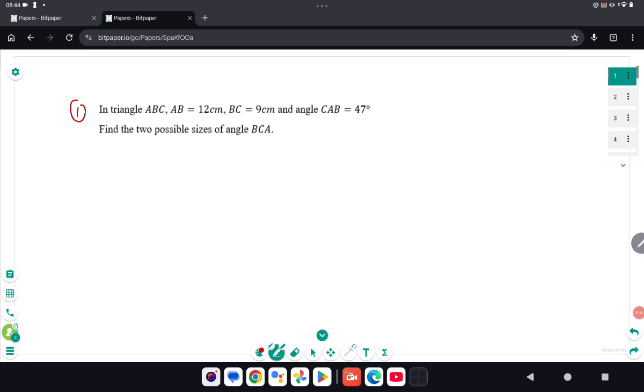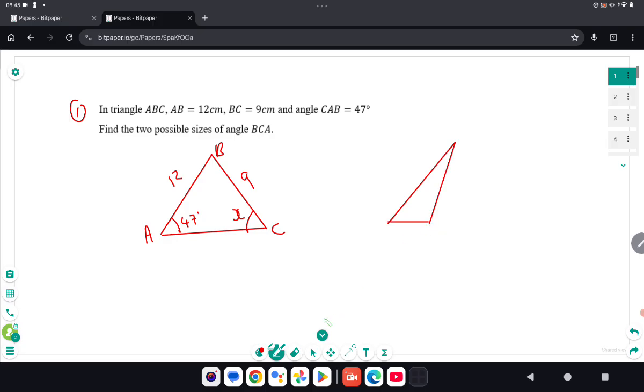Okay, so we've got triangle ABC. AB is 12, BC is 9, CAB is 47 degrees. We need the two possible angles for BCA. This obviously here is an acute. So let me draw it now as an obtuse. So A, B, C, 9, 12, 47, and this time we've got an obtuse here.